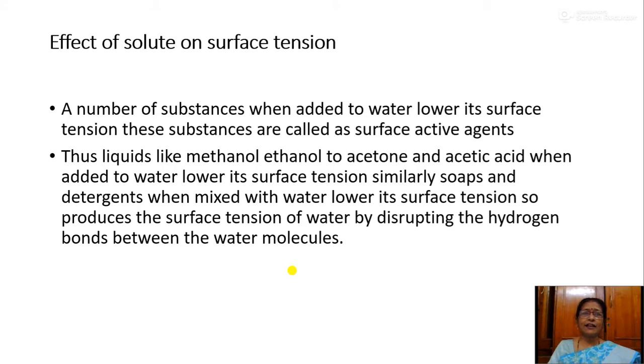Now let us see the next parameter. What is the effect of solute on the surface tension? A number of substances when added to water lower its surface tension. These substances are called surface active agents. So surface tension can be reduced by adding some substances.